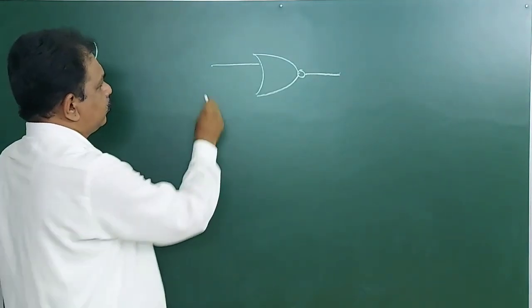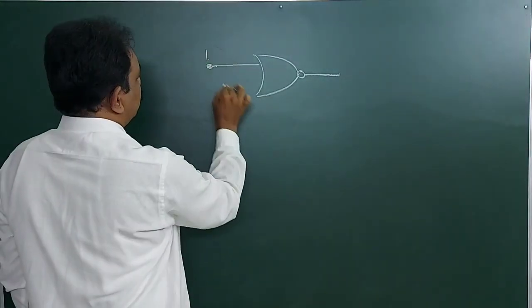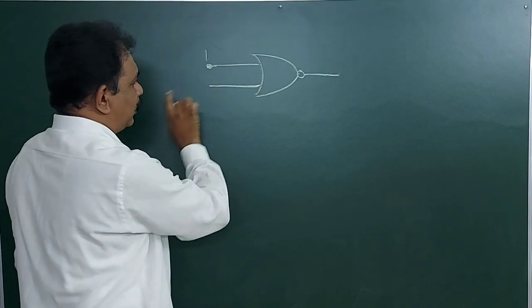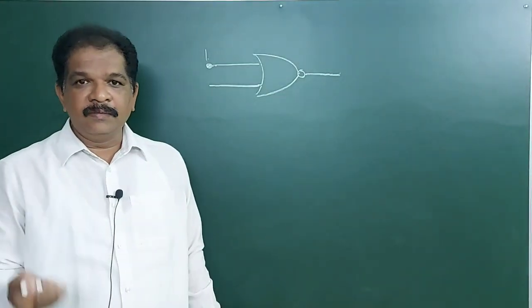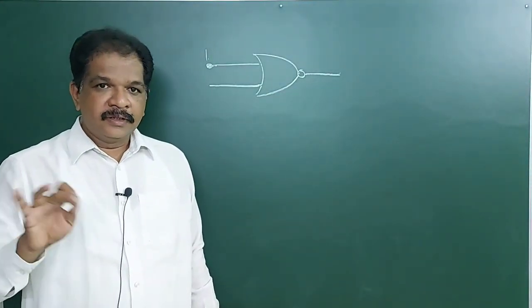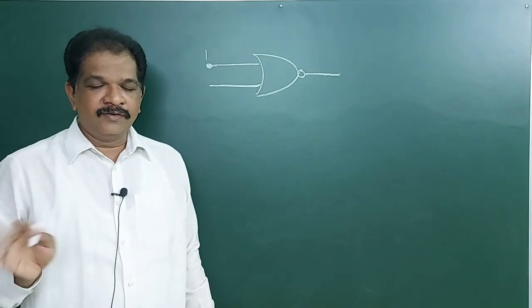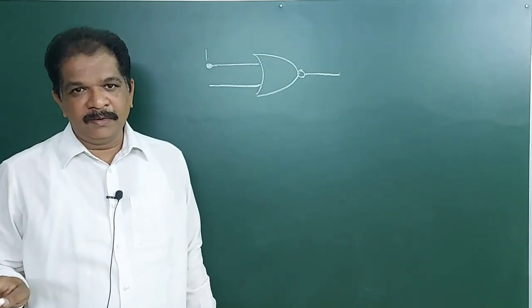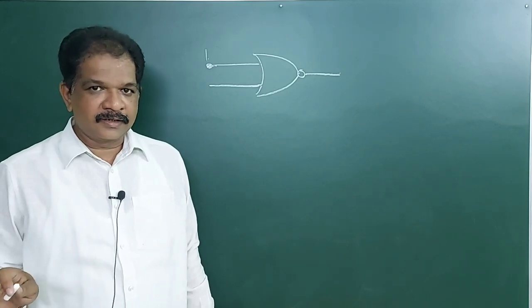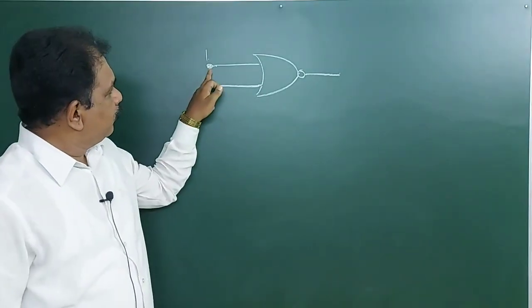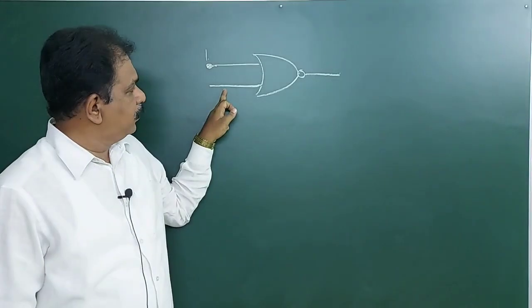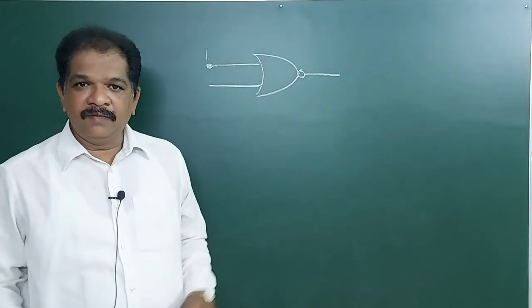So for the other input, what are the chances? There may be 0, there may be 1. Other than 1 or 0, no inputs will be there, right? Clear? Understanding? One input will be 1. Here it may be 0, it may be 1.